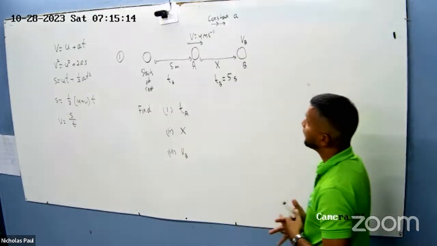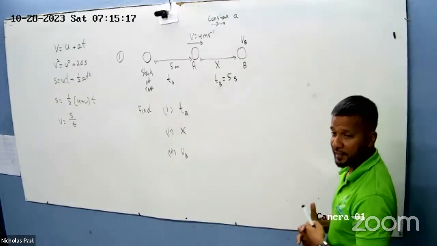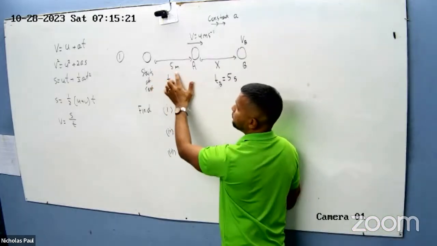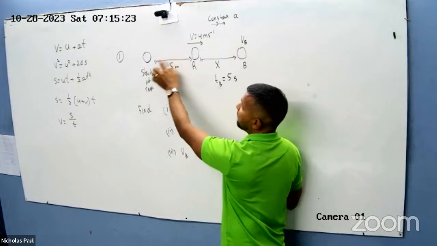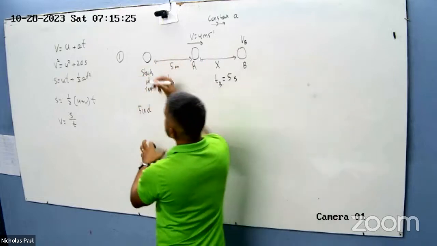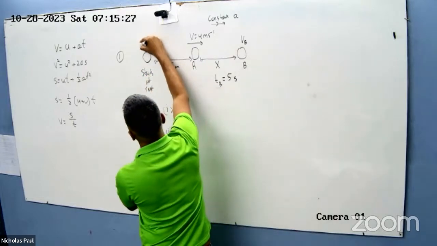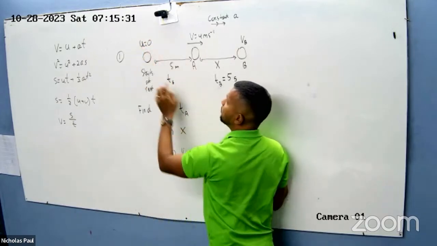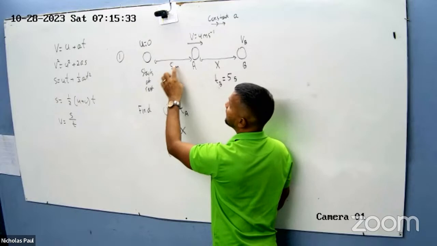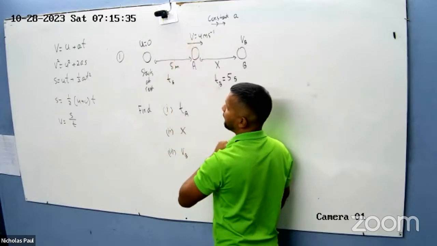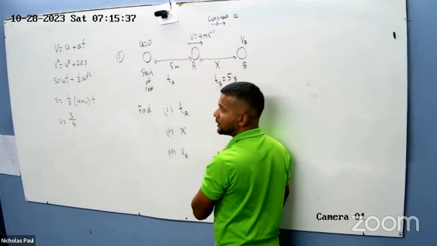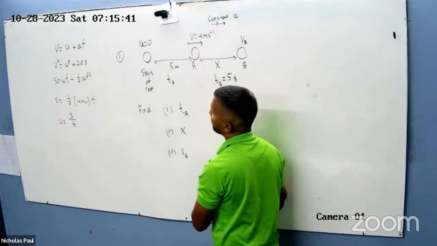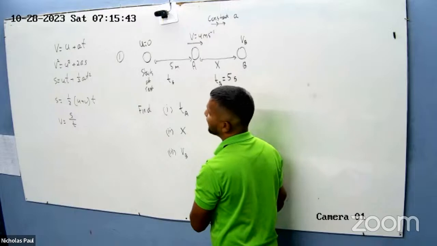All right, first things first, let's see if we can find the time for OA. What do we have here? We have S, and it starts at rest, so we know the initial velocity is what? We have U, we have S, we have V, and we want to find T. Which equation could we possibly use there?